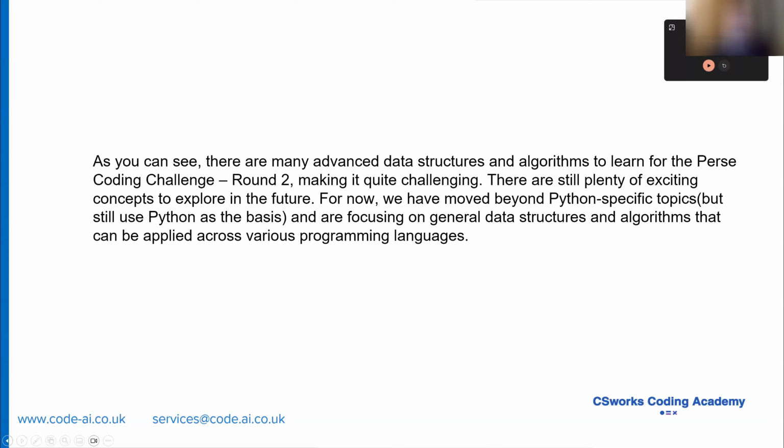So it's not just that we're learning Python, but we're learning how to program, and we're learning more about the underlying data structures in general, but we are still going to be using Python to do this.